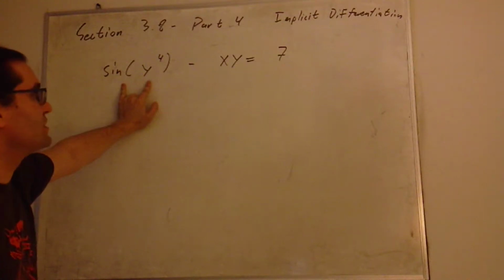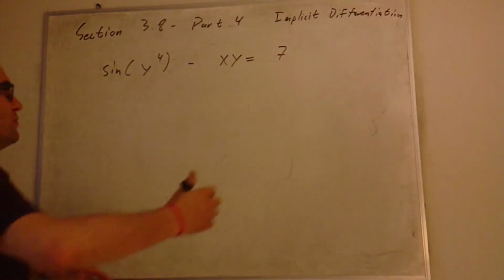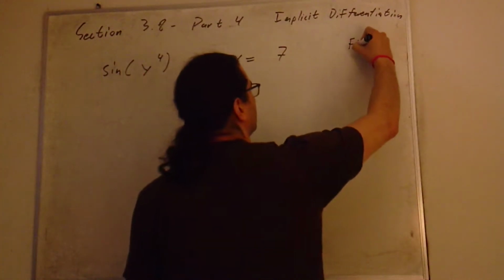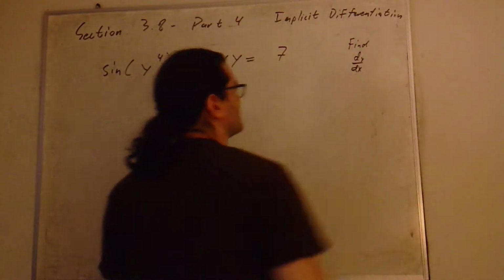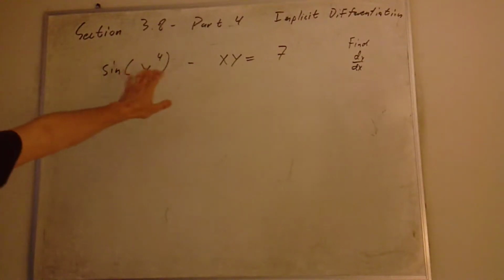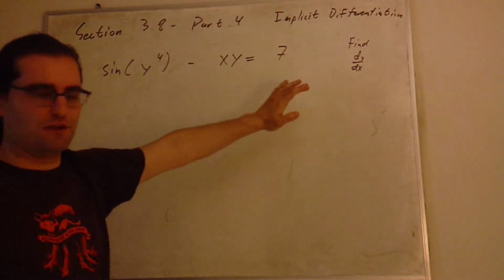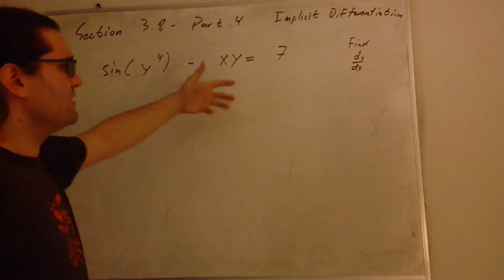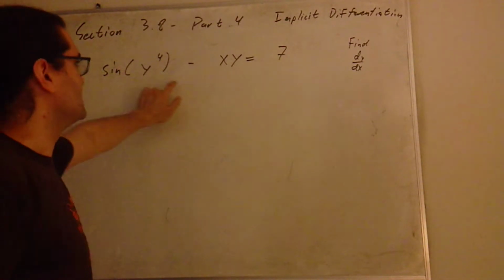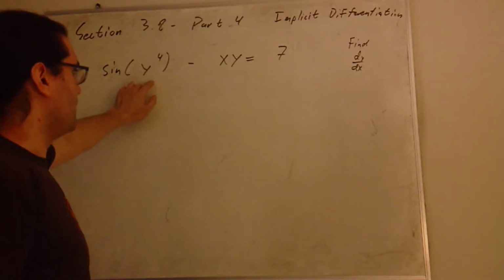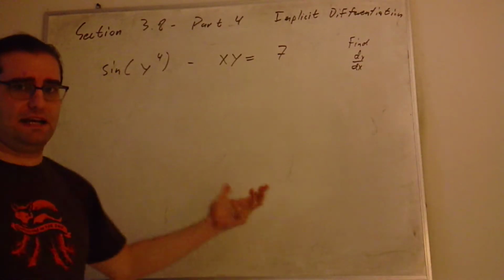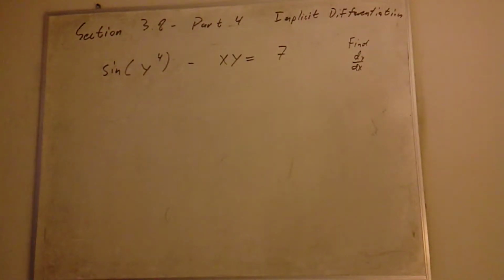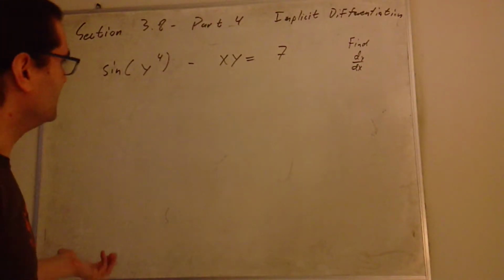So when we start doing this one implicitly, if we want to find dy dx, for this problem we're only just going to find the derivative. I don't need the equation of a tangent line. Getting the equation of a tangent line pretty much means that you have to know the coordinates of a point that's on this function, and I don't. I could figure it out if I had to, I just don't want to.